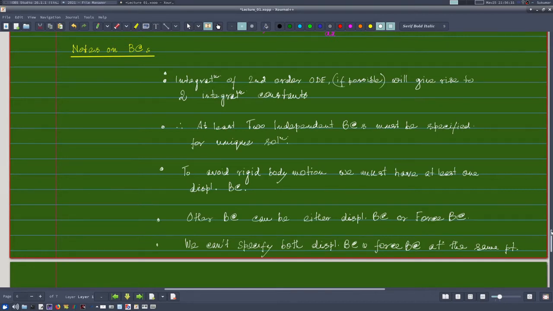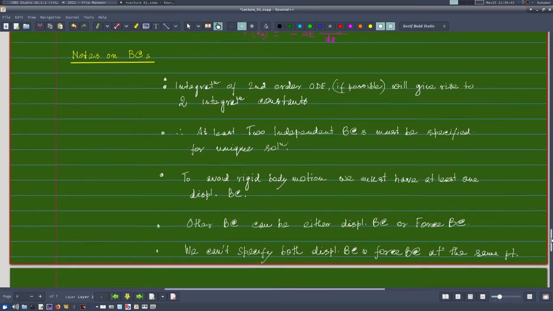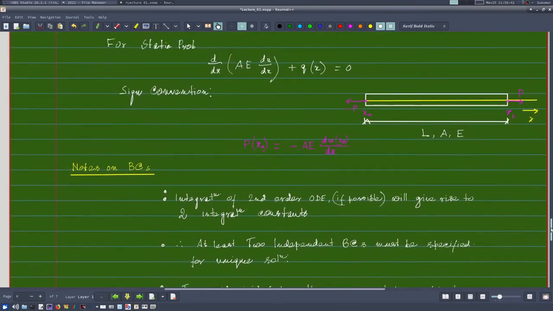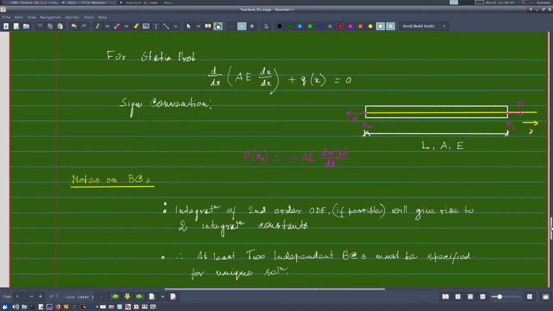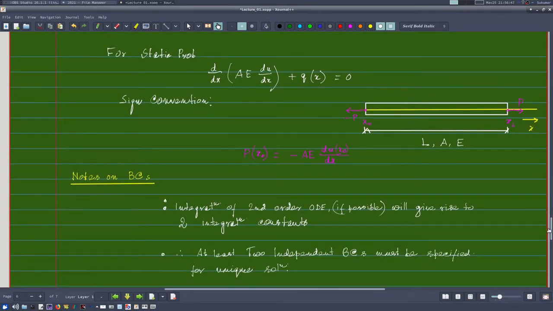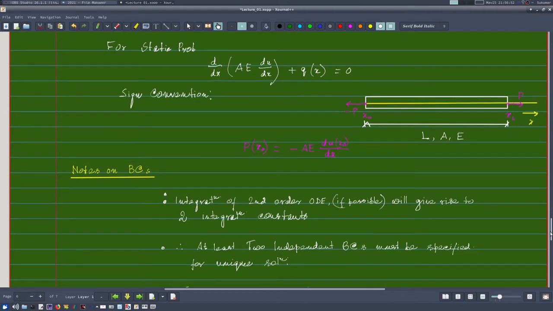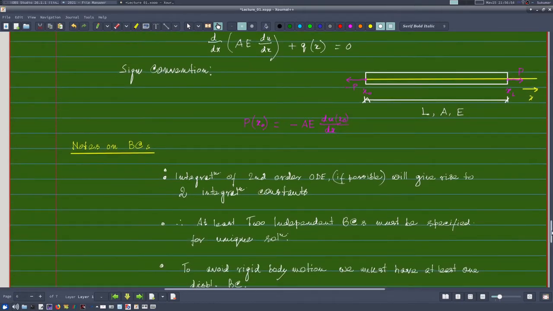Now let us note a few important points regarding the boundary conditions. You see, this problem of axial deformation of a bar is a second order differential equation if it is static. If it is a dynamic problem, then it is a second order partial differential equation.